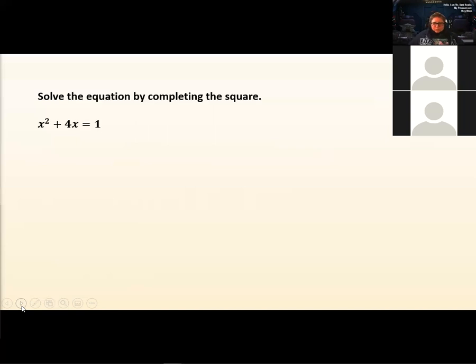So previously we did extraction of roots, and we even did the quadratic formula. Now we're going to do completing the square. So if we're completing the square, where do we start? X squared plus 4x equals 1.